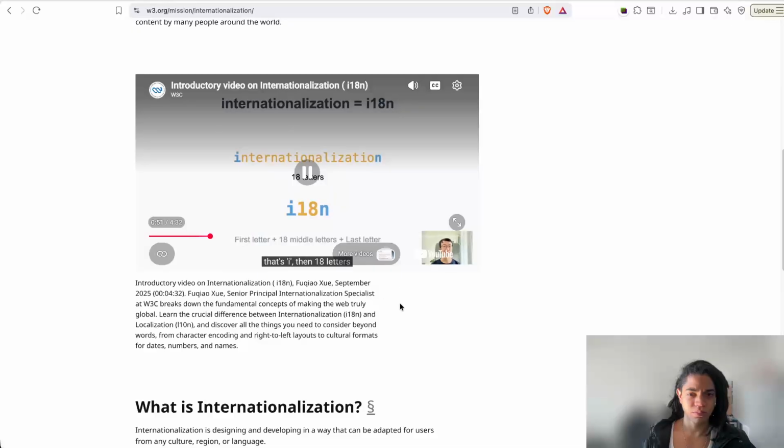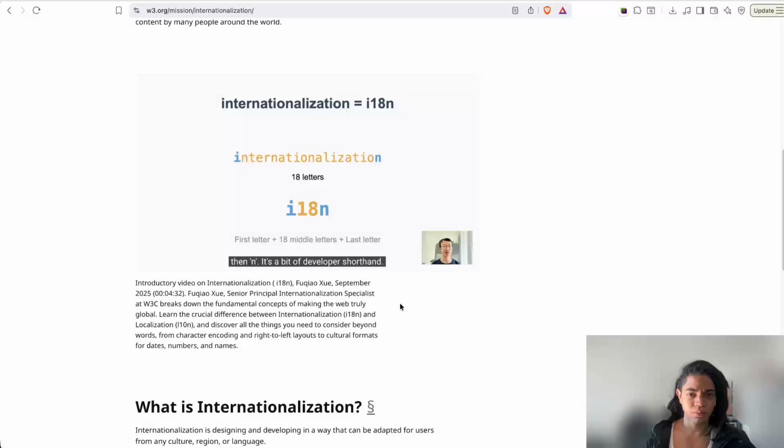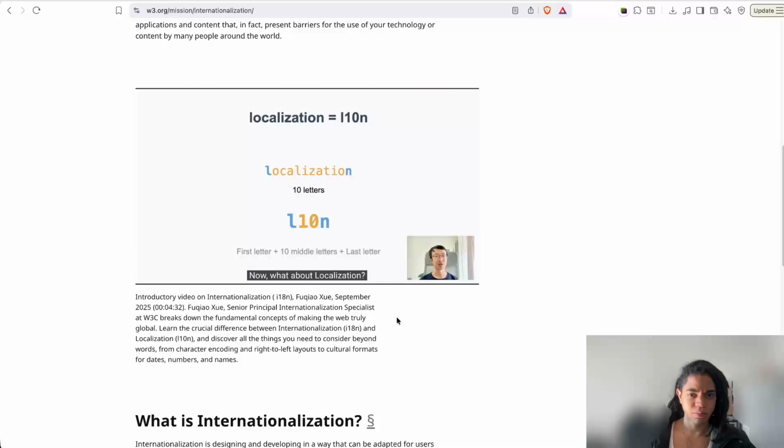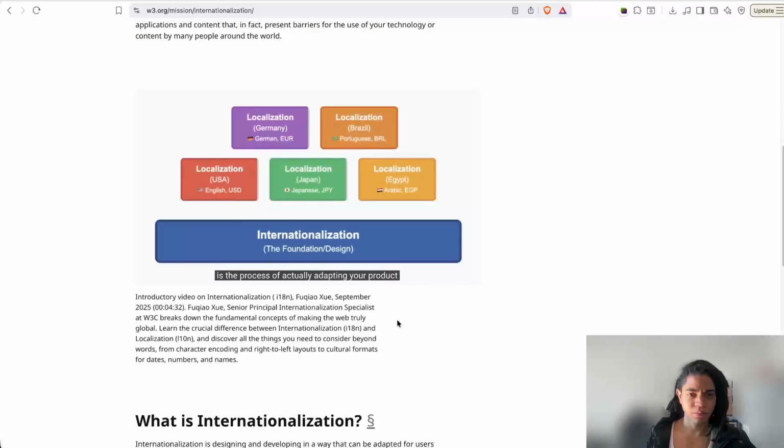That's I, then 18 letters, then N. It's a bit of developer shorthand. I18N is the process of designing your code and content so it can be easily adapted to various languages, writing systems, and regions. Now, what about localization? We call that L10N. L, 10 letters, N. Localization is the process of actually adapting your product for a specific market.